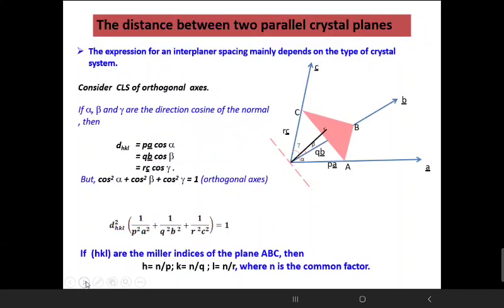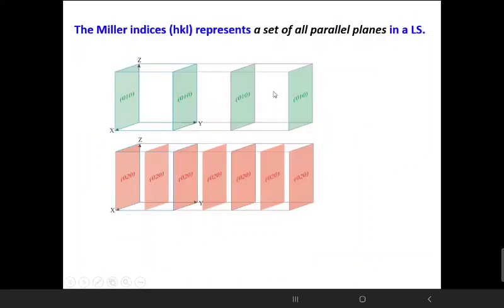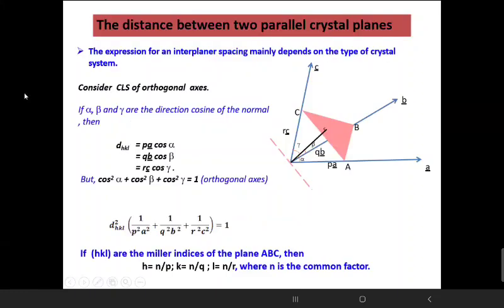Now we will find out the distance between two parallel plans. Here you know that there are plans. So you need to find out the distance between two parallel plans. See here you can see this diagram. This is a plan.